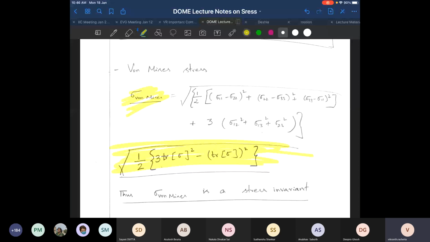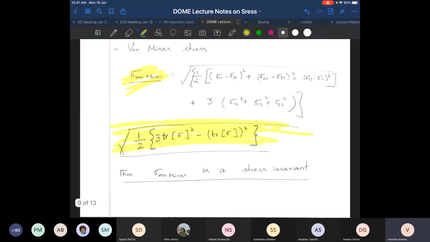Is von Mises stress an invariant? It is invariant. In fact, von Mises stress is the most widely used stress invariant. The most popular stress invariants are von Mises stress, hydrostatic stress, and the principal stresses.